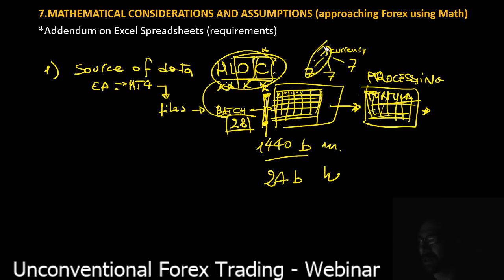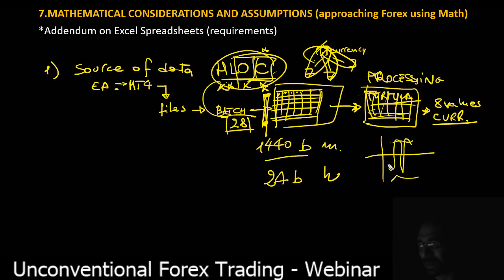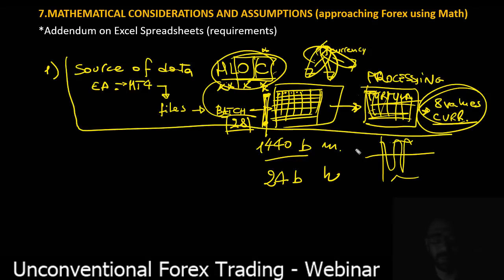So this is a currency, this is a currency, this is a currency, and here we have as a result 8 values, which are currencies, which are the lines that you were watching, you know, above and below, with a zero, with an oscillation. This is what I do analyze, and this is my setup, my gear.